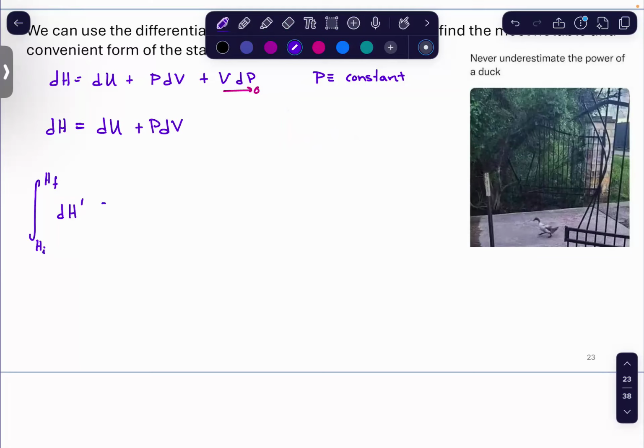Okay, so then we're going to get an integration on this side, from an initial value to a final value, of dU prime plus P dV prime.